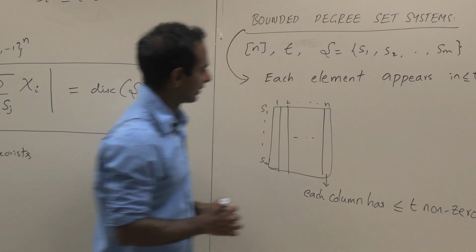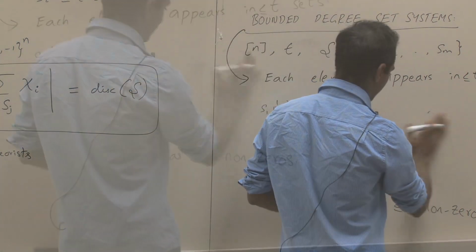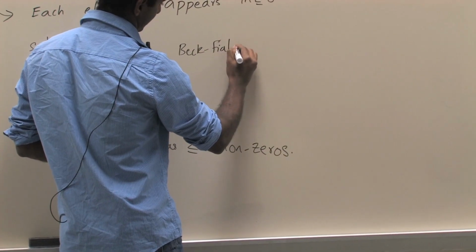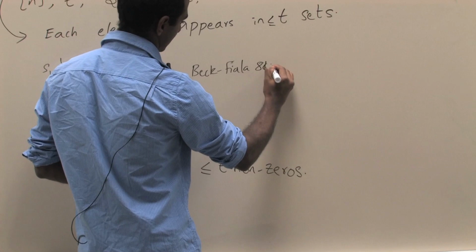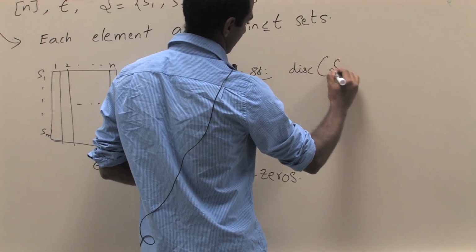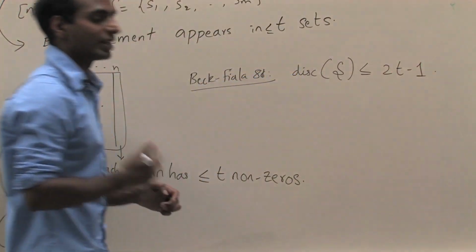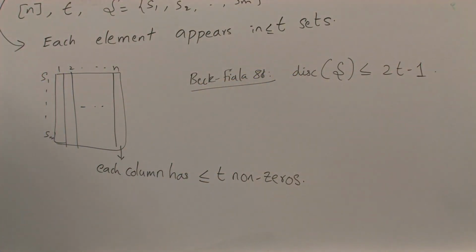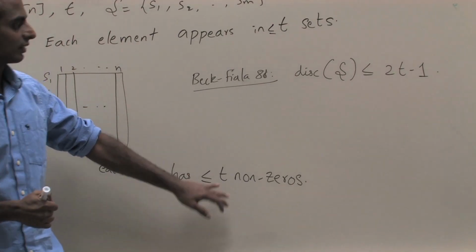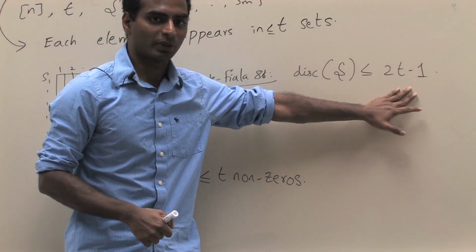And the main theorem of Beck and Fiala from '81 is that the discrepancy of any such set system with degree at most t is bounded by 2 times t minus 1.